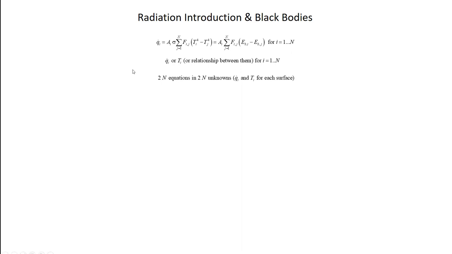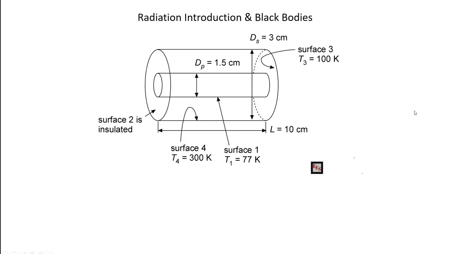So here's the problem we're going to do. It's a radiation problem. It's a vacuum shield. I have a tube running through the center of the shield here. It's got a diameter of 1.5 centimeters and a length of 10 centimeters, and its surface is at 77 Kelvin. So maybe we're running liquid nitrogen through this tube.